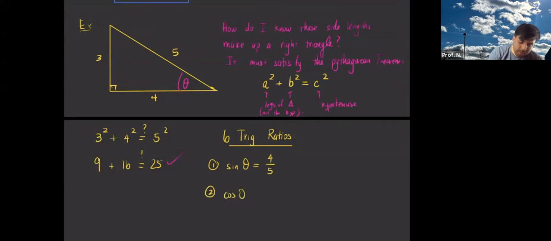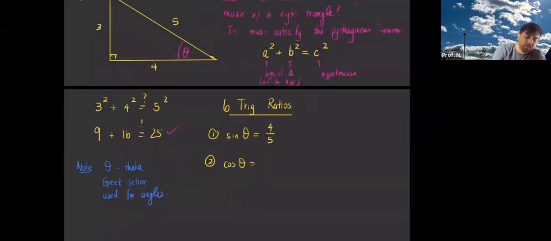If I do cosine of the angle theta, and I just want to make a note as well. Theta, I think I mentioned this already, right? But theta is a Greek letter used for angles. Just want to make sure that's clear. So we're going to use theta a lot.